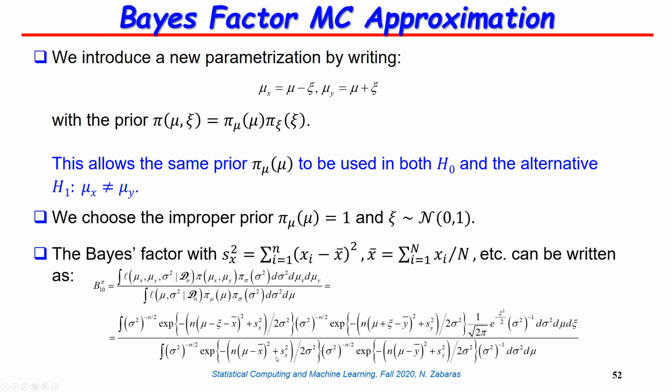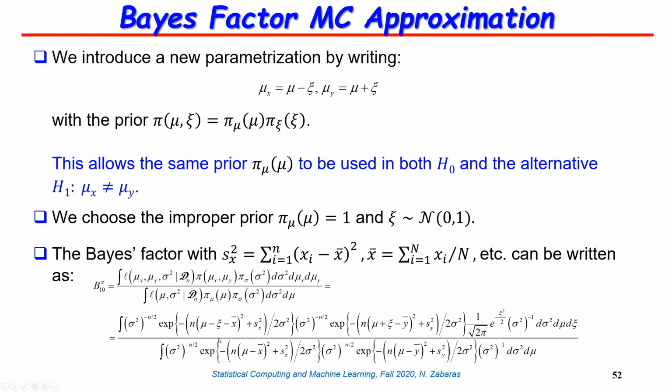Take the exponential in your Gaussian likelihood of the summation of xi minus mu squared, right? And add and subtract x bar and expand, and this is what you will get for the x data. This is what you will get for the y data. They have the same sigma square. The prior on mu is uniform, and the prior on sigma square is 1 over sigma square.